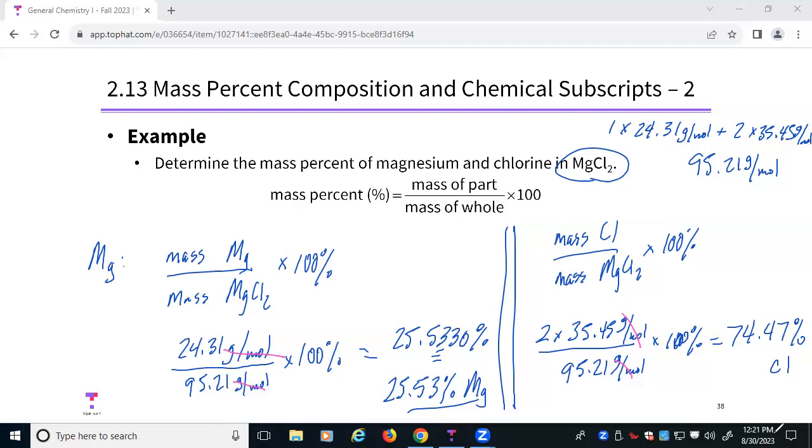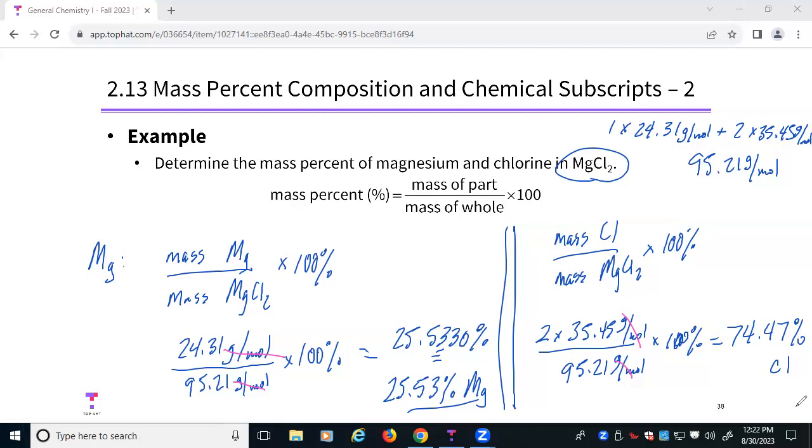So this would be the one way to do it. However, there is a simpler way. Recognizing that this compound is either magnesium or chlorine, if I know the percentage of magnesium, the rest of it must be chlorine. And so I could take that number and subtract it from 100 and get the same 74.47% as well.